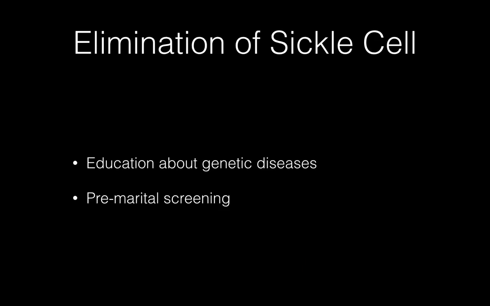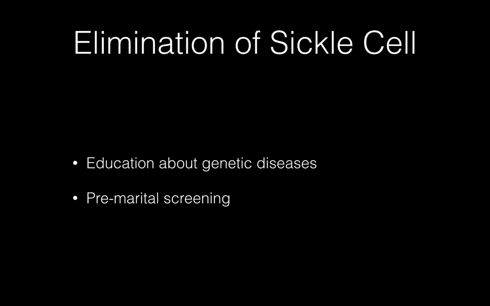So how can we eliminate sickle cell? Governments must take an approach to educate the population, those populations with an elevated number of genetic diseases, including sickle cell. But some countries now are taking a different approach, which I believe is successful, and that is premarital screening.